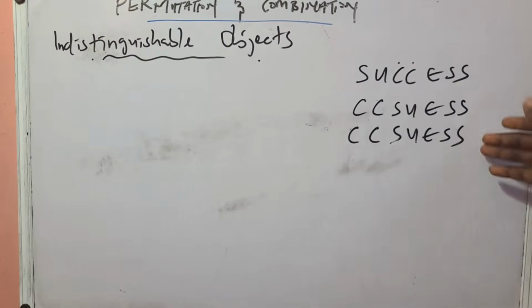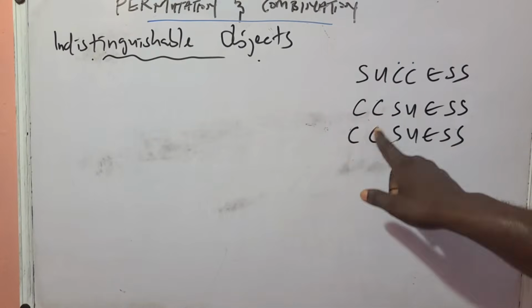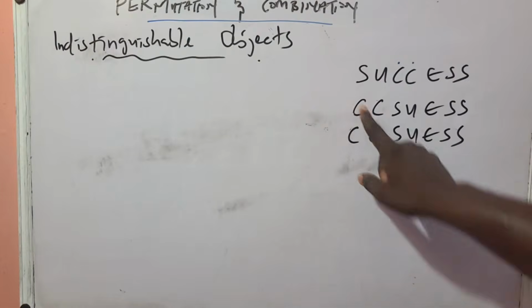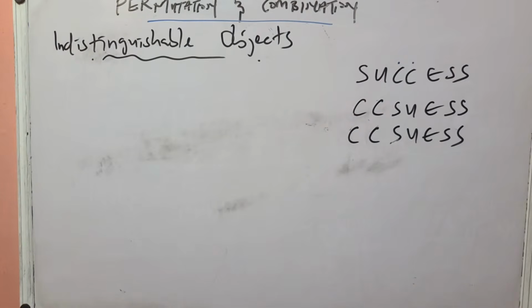They are the same permutation, and that's the reason why this is a very important subject matter under permutation. Because when you have objects we call indistinguishable, that means we cannot put a difference between which of these C am I writing first. So that's why we talk about the subject matter of indistinguishable object.